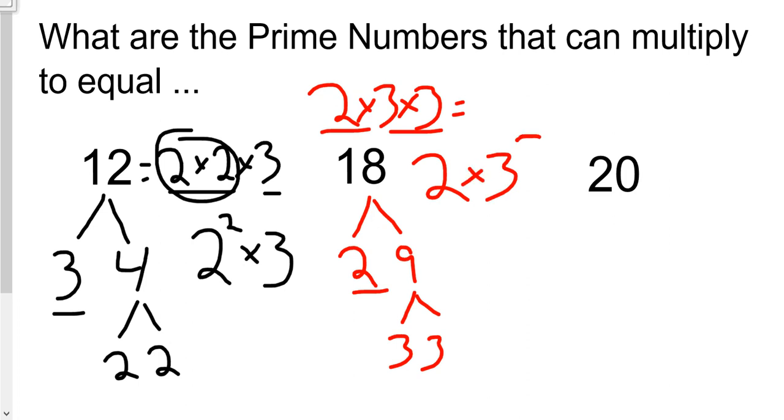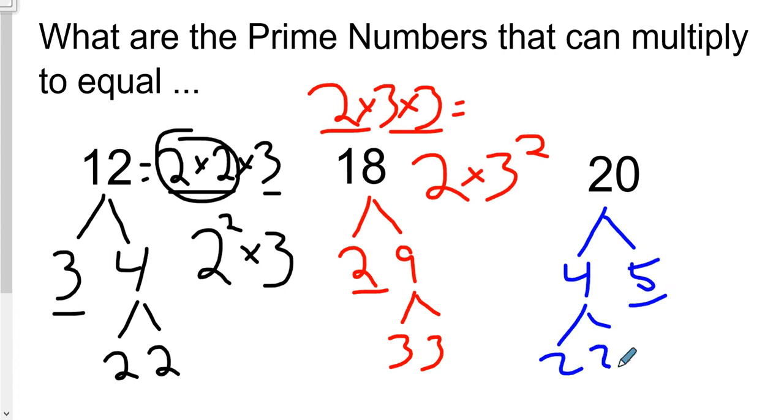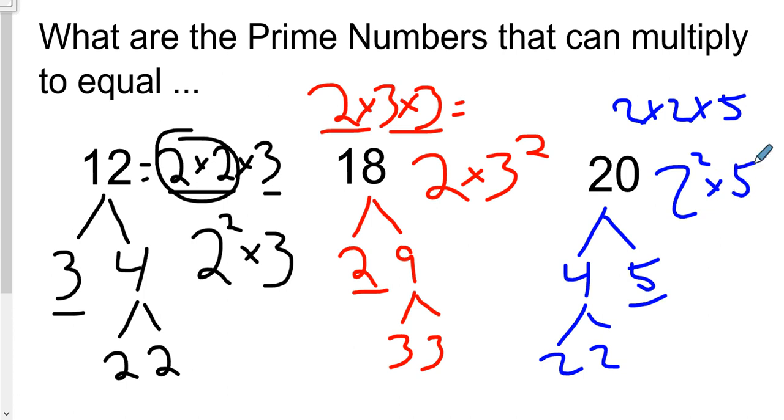But I have two 3's. Okay. For number 20, I can do 2 and 10 or 4 and 5. 5 is prime, 4 is not. So that would equal 2 times 2 times 5, or 2 squared times 5.